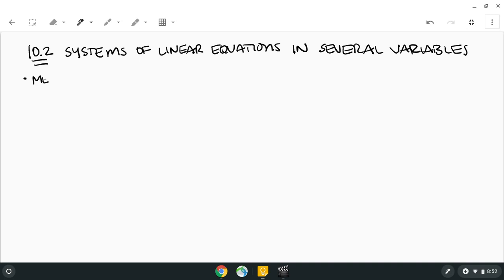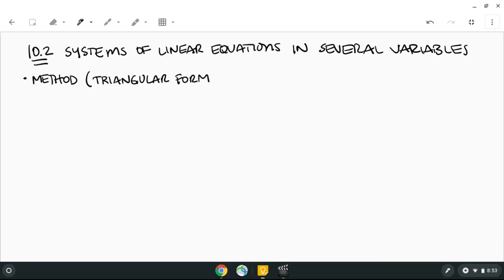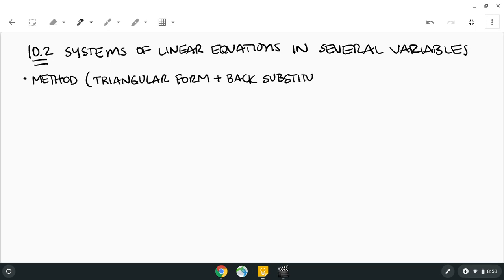The method that we are going to be looking at is triangular form and back substitution. This is actually called Gaussian elimination.